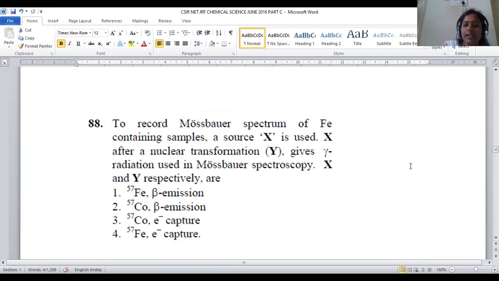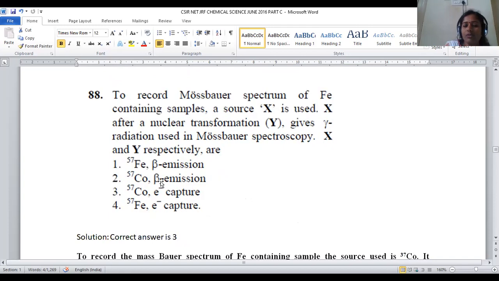Here it is very clear that iron should be obtained from X. So this X emits gamma radiation after converting into iron. Initially X was taken, and that should be converted into iron. For that purpose, the probable X is cobalt-57, the starting material.